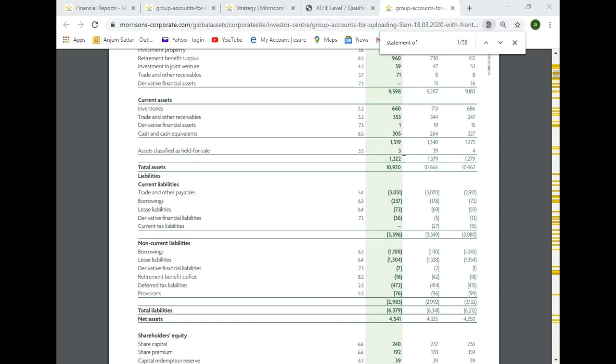So the liabilities outweigh the assets. We have 1.3 current assets and the liability is 3, which of course is more than the assets.